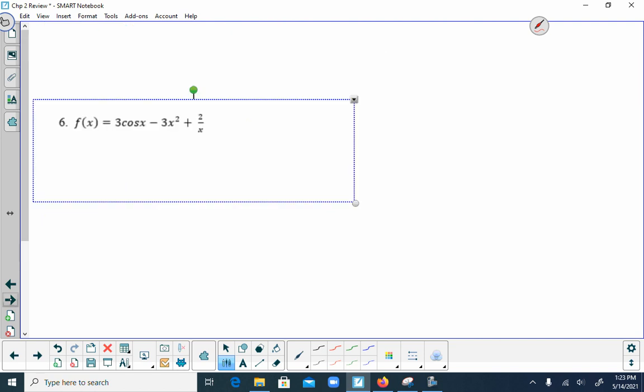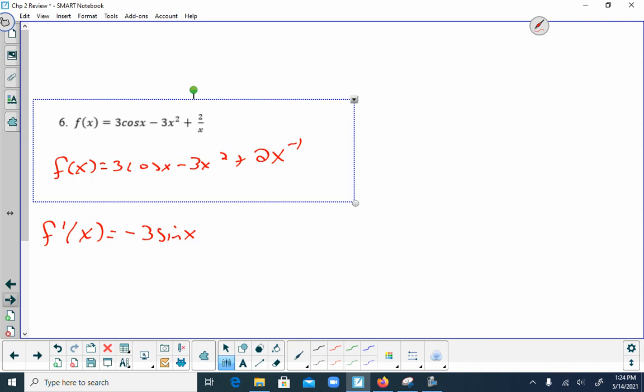Number 6, find the derivative. It looks complicated, but since I'm not multiplying anything or really dividing anything, I'm just going to find the derivative term by term. Before I start that, though, I might want to take the time to rewrite this 2 over x as 2 times x to the negative 1, and that way I don't have to deal with the quotient rule. I'm going term by term, so the derivative of 3 cosine x will be negative 3 sine x, because the derivative of cosine x is negative sine x.